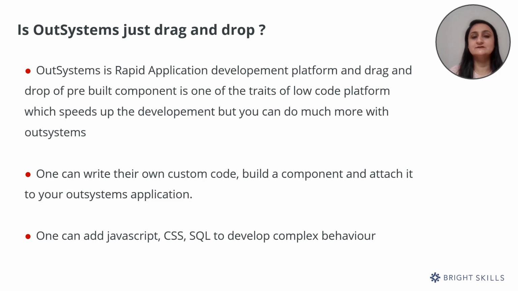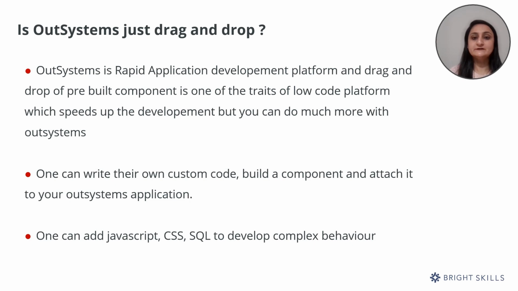Drag and drop is a trait of any low-code platform, which actually helps developers create the basic solutions much faster, so developers can spend their time innovating the other complex solutions. Any basic use cases will be covered by the drag and drop pre-built connectors of OutSystems.